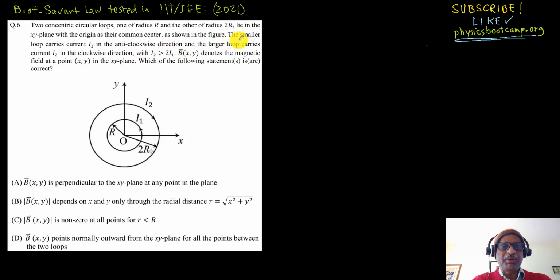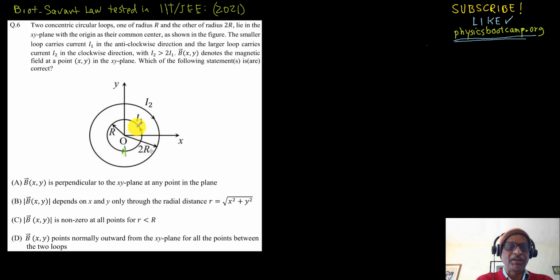So what we have is two circular loops, and the current is going in opposite direction of each other in those loops. You might ask how did the current come? You can imagine something like this.